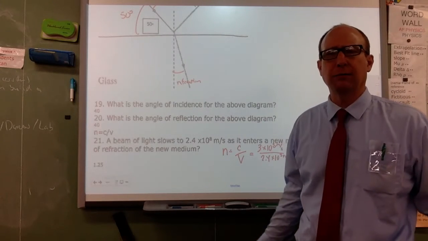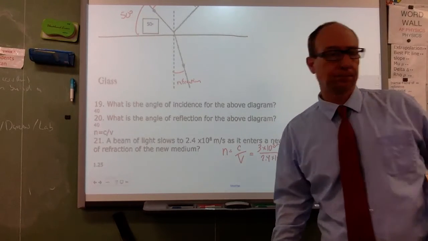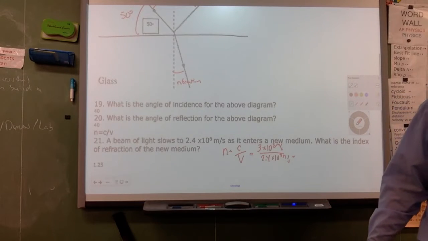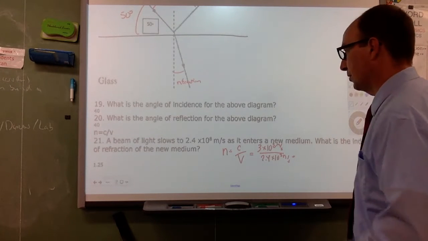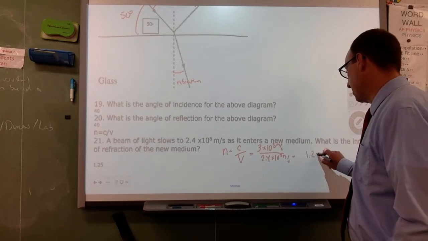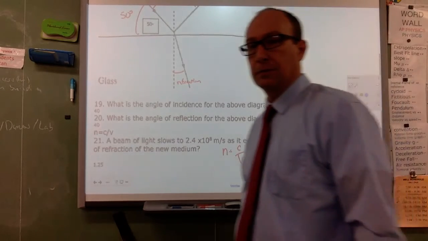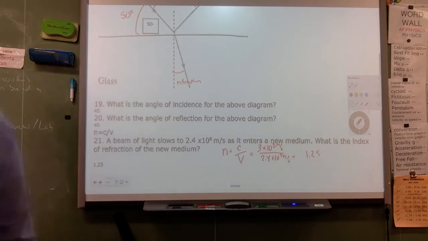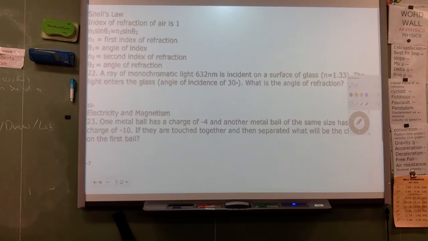Air is almost 1, almost exactly 1. So this is going to end up being 1.25. So it's just a ratio of how fast it goes in nothing, in a vacuum, compared to how fast it goes through the new one.